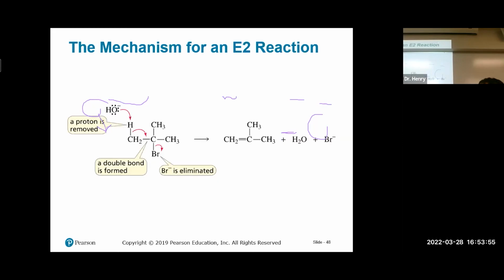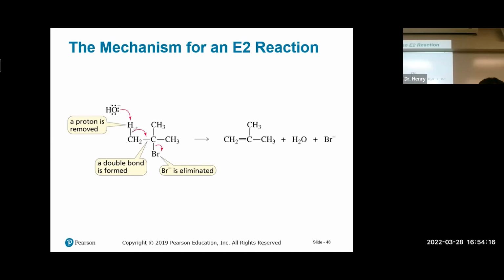Okay, here's the mechanism. Am I clear? Electrons are going to be transferred from that hydroxide to basically remove the proton. That proton is going to be freed, right?